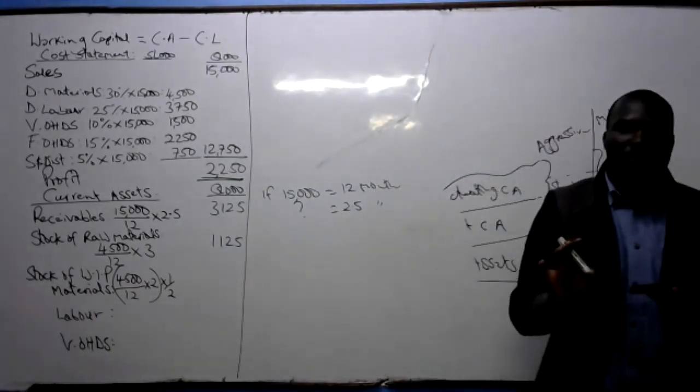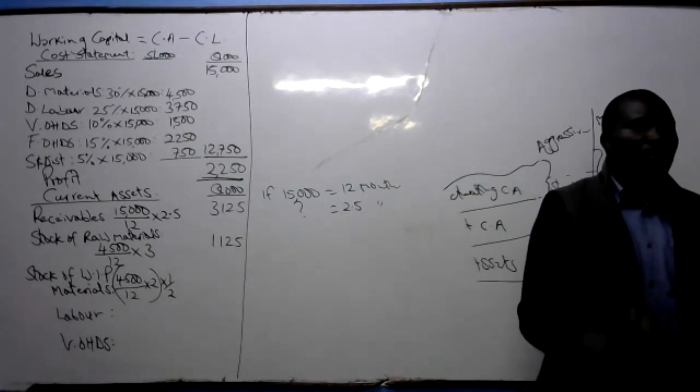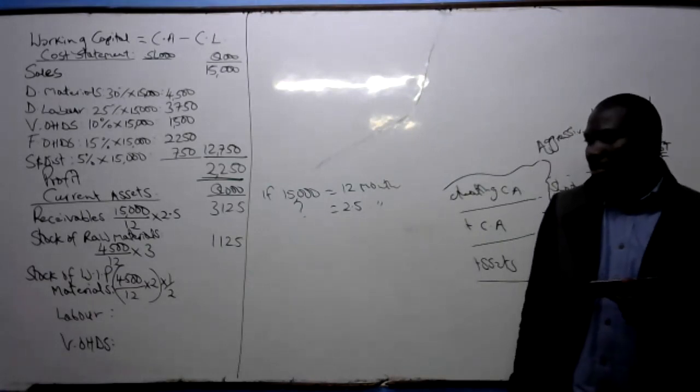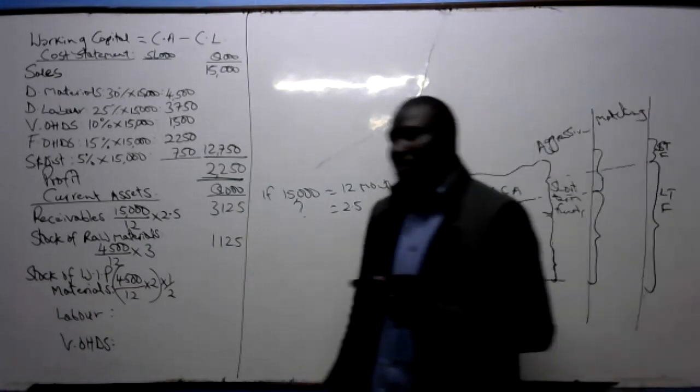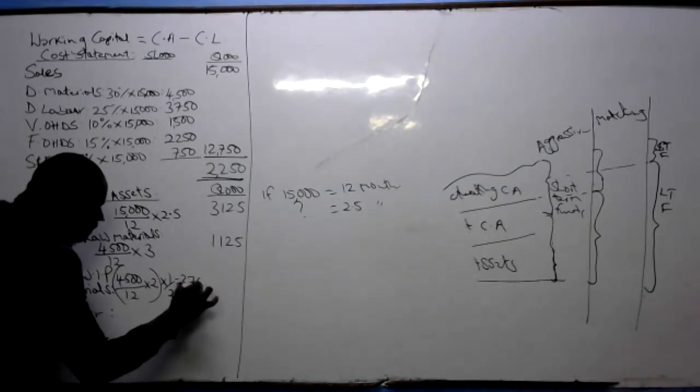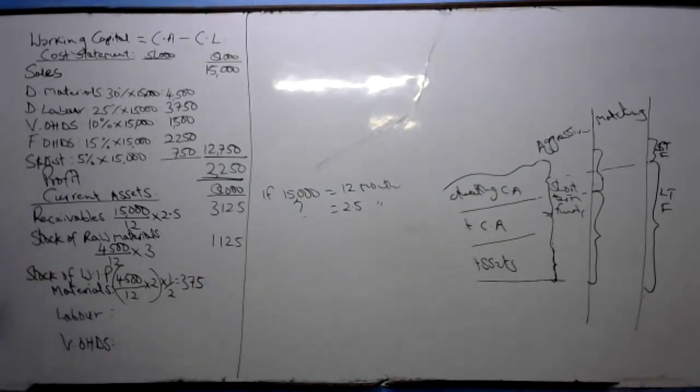So materials the 2 months, alafu a half of it will represent the work in progress. So how much is that? 375. So hiyo usipeleke mbele ni working 375.